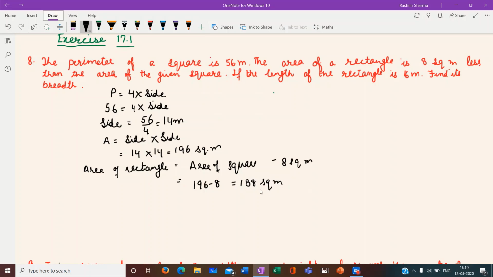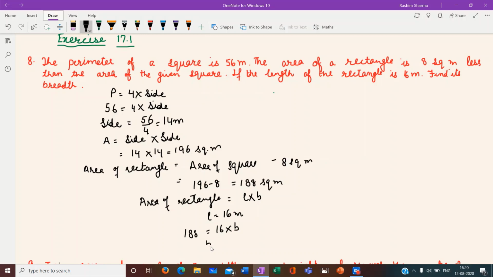Alright, but we know the formula of area of rectangle is length into breadth. The length is given as 16 meter. So when we put the value, 188 is equal to 16 into breadth.